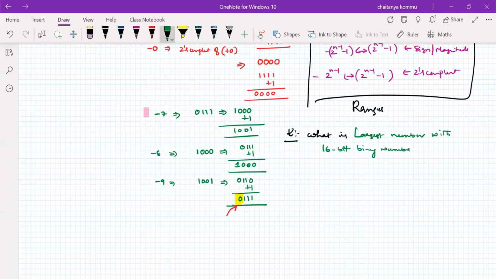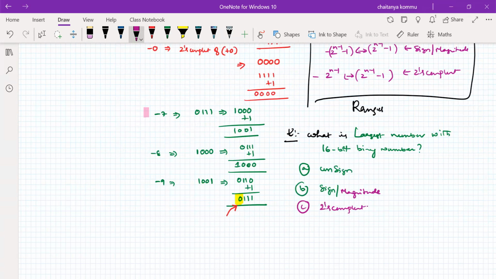Can anybody guess what this is? One in unsigned representation, sign magnitude representation, and the third one is 2's complement.